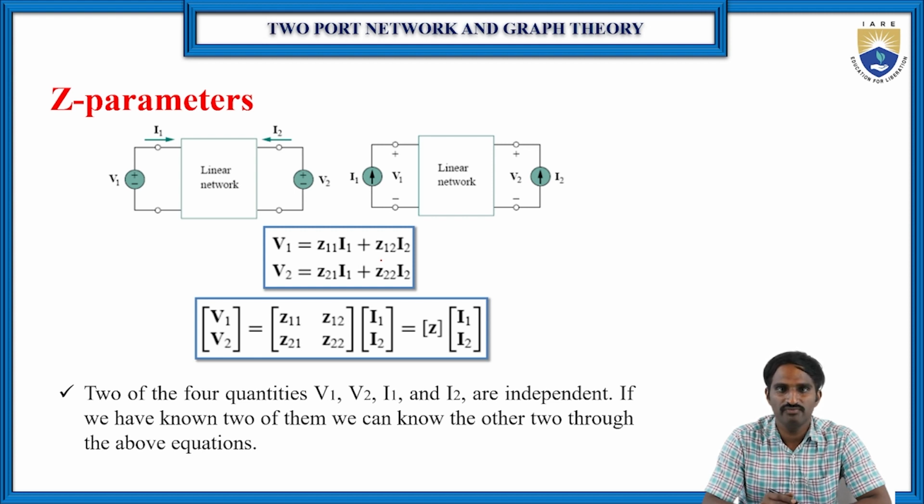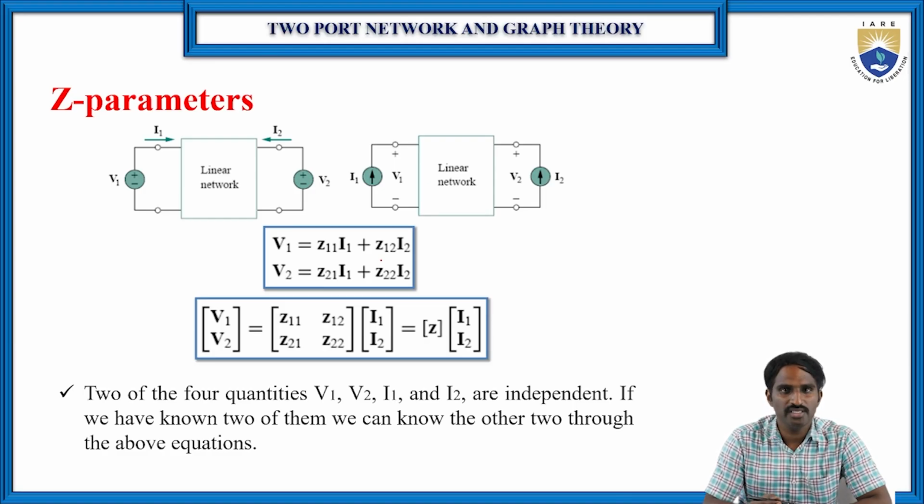So two of the four quantities are independent, which means if we know I1 and I2, then we can easily find V1 and V2.